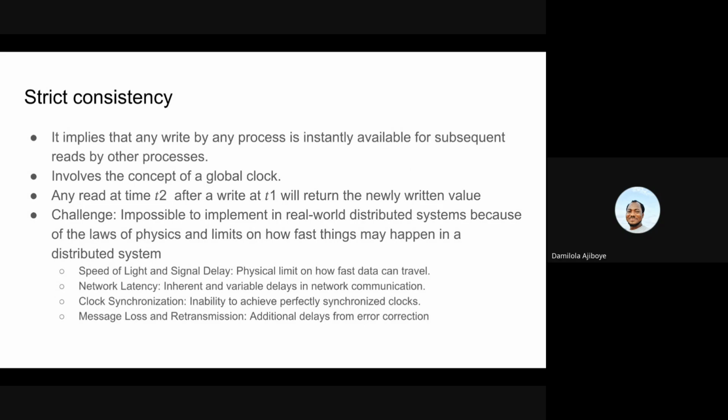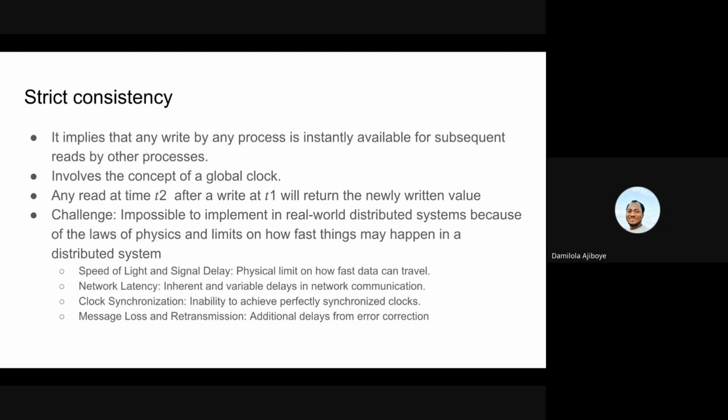The challenge with this is that it's impossible to implement in real-world database systems. This is because it expects that the instant you make a change to the data, at time 1, all the nodes should get that update, which is not possible because network speeds are not at the speed of light, for example.